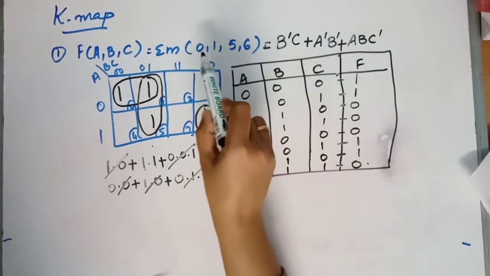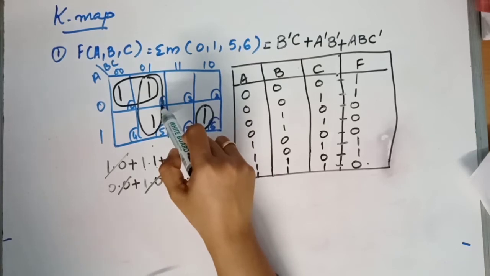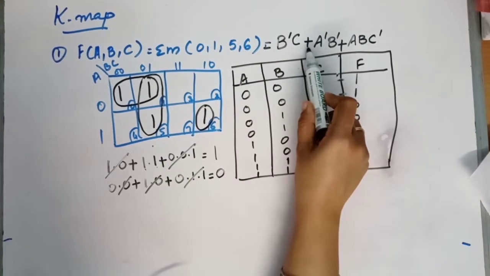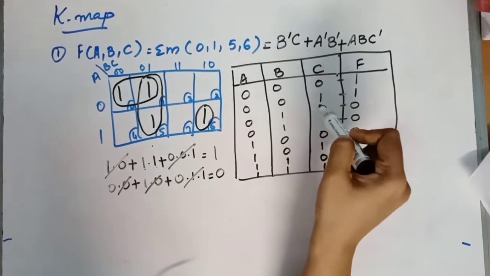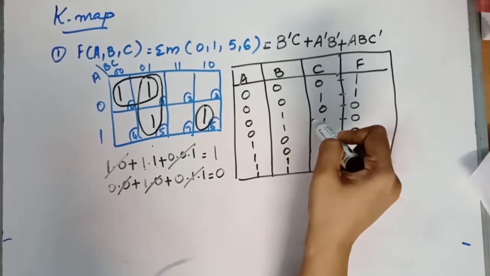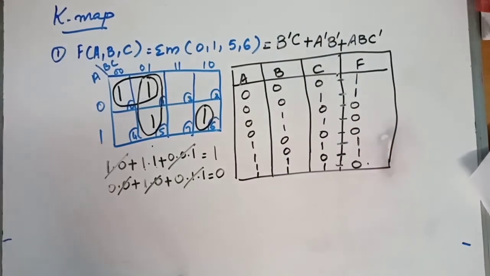So from this canonical form you can write the K-map, you can write the simplified expression, you can write the min terms if required, you can write the truth table if required, and from the final expression you can draw the circuit also.